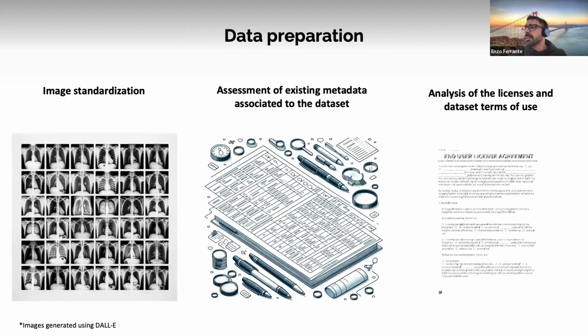But then something that was very relevant to me was this assessment of existing metadata. So we had to harmonize a little bit what metadata was available for every data set. Some of them had, I don't know, sex labels. Some of them also ethnicity. Some of them didn't. So we kind of organized that.